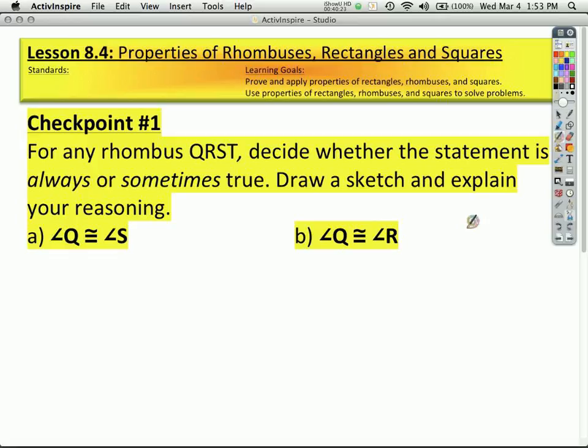Okay, since you got a 50-50 shot, we're going to survey the whole class. So part A, it's either always or sometimes. Give me a thumbs up if you think it's always true. Okay, put your thumbs down. That is always true. Part B, it's either sometimes or always.